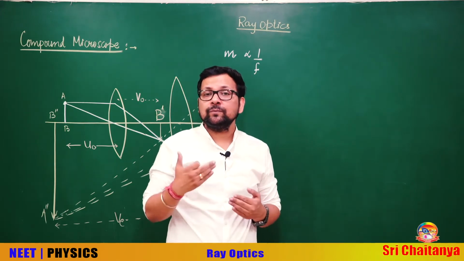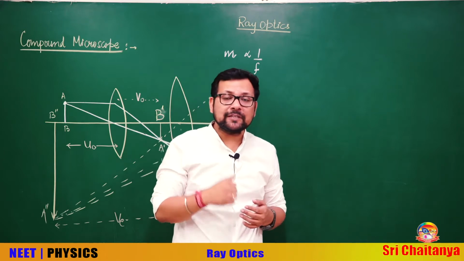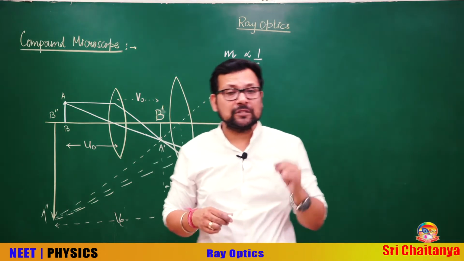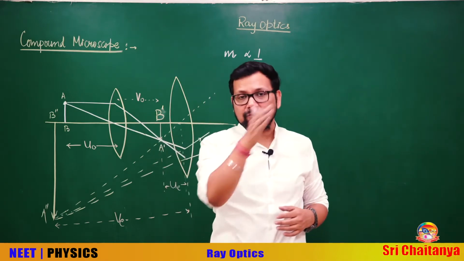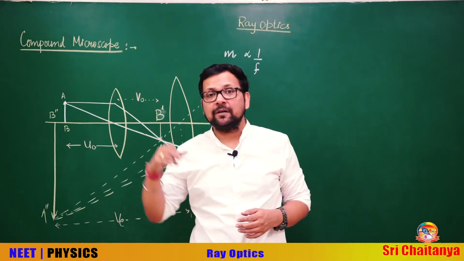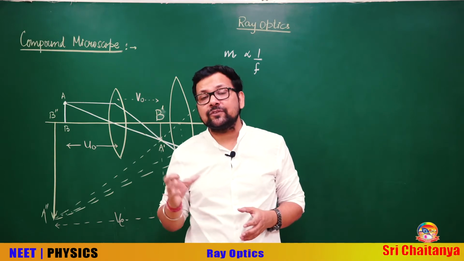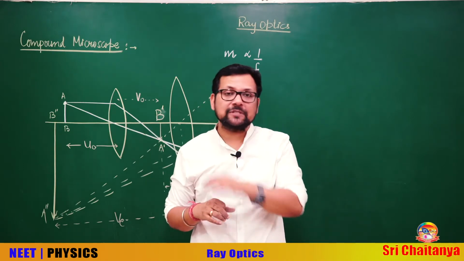Now, what to do? If we want to increase magnification, we will use the concept of successive refraction. In successive refraction, the image of the first refraction acts like an object for the second.